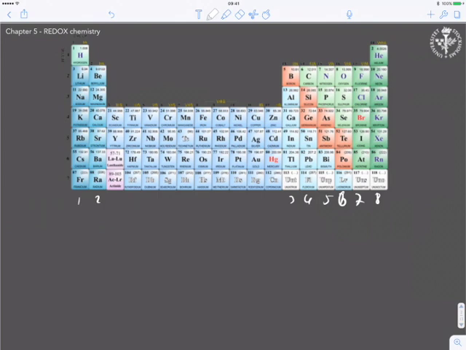An example, if I'm taking an example we've seen many times in this class, the salt NaCl. We know that sodium is from group 1, having 1 valence electron, and chlorine is group 7, having 7 valence electrons.